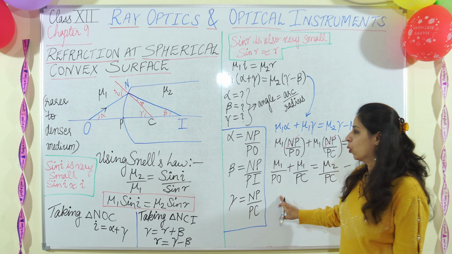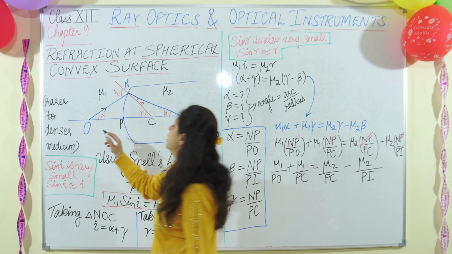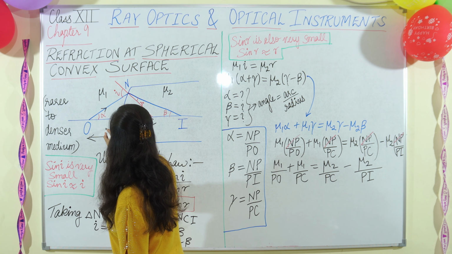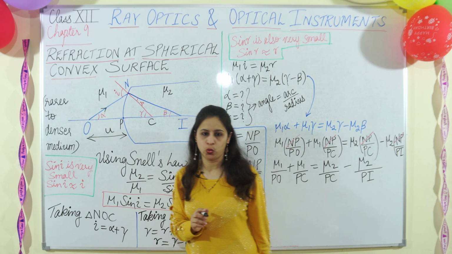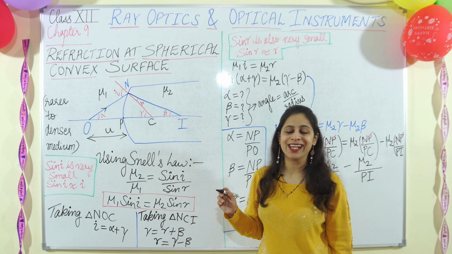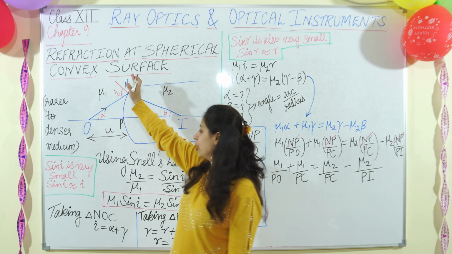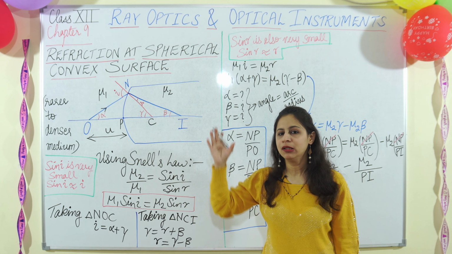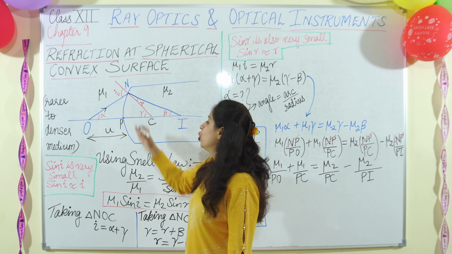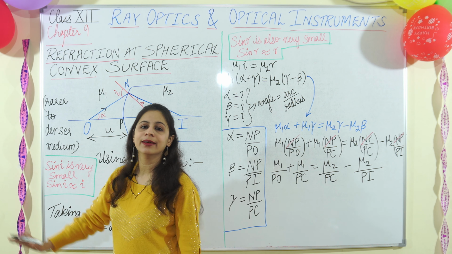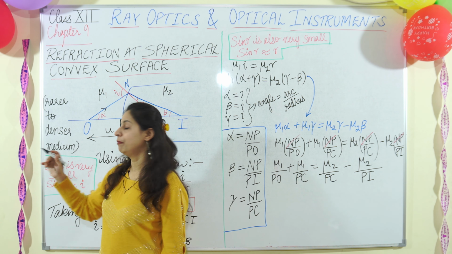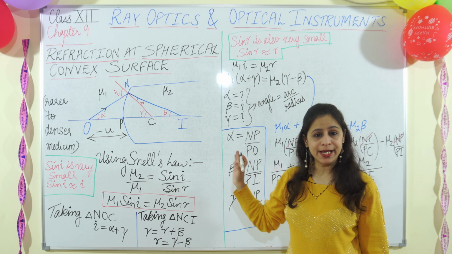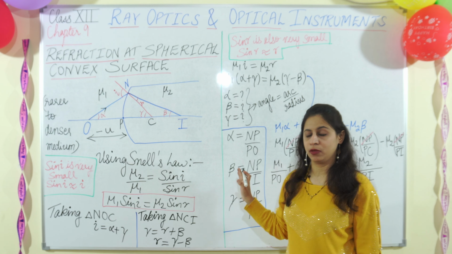So PO is the distance of the object, and it is given by u. But here we have to take minus u, because according to the Cartesian system, which is the same as the geometrical Cartesian system, all the values lying at the left hand side will be taken as negative, and all the values lying at the right hand side will be taken as positive.